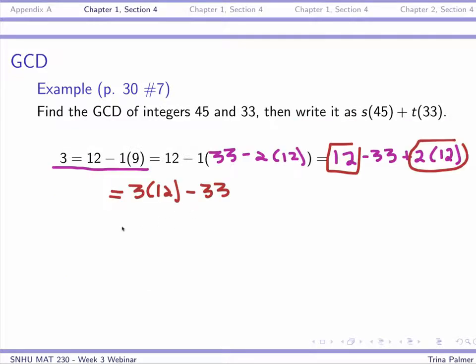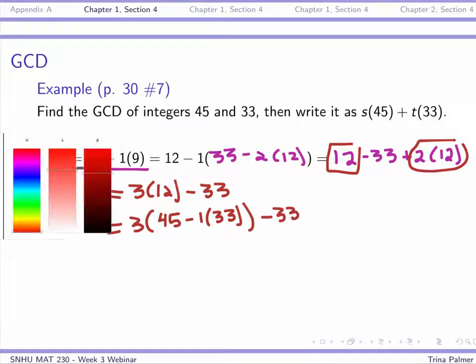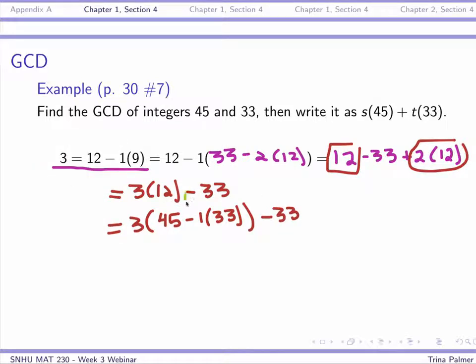So this is 3 times 45 minus 1 times 33. And then I have a minus 33 from this piece.